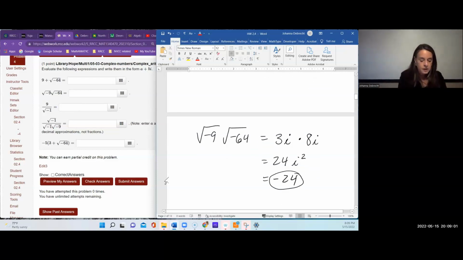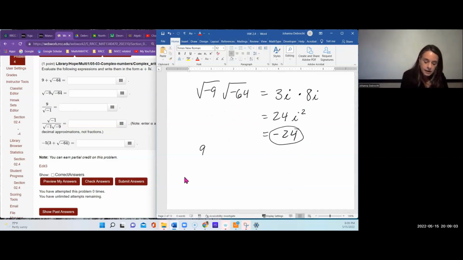What about the next one? 9 divided by the square root of -1. Well, that would give me 9 over I. And that's a good way to write that one. Now, if you wanted to get it so that the denominator didn't have I in it, what you would do is multiply it by I divided by I, because I times I would give you I squared.